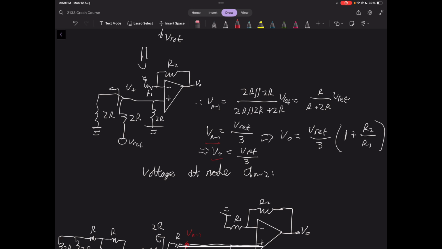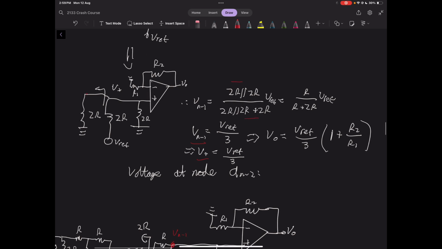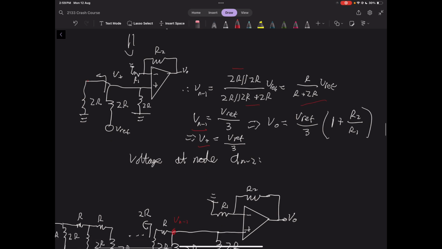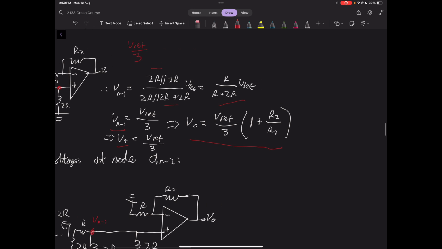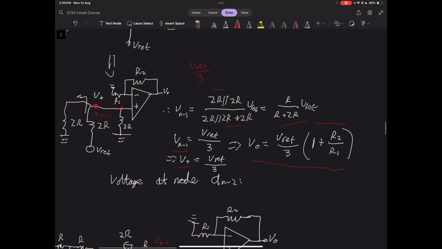So this is our first resistor 2R, and we're dividing across 2R in parallel with 2R, and that simplifies to this here, which means the voltage here is a third of V reference, which means the output voltage that node A-1 contributes is this voltage here, which is V ref on 3, and then that is fed into the input of a non-inverting op-amp, which is why we multiply that voltage by the gain of a non-inverting op-amp, which is 1 on R2 plus R1.